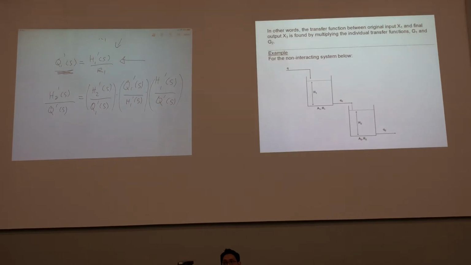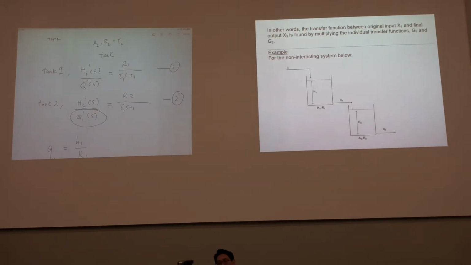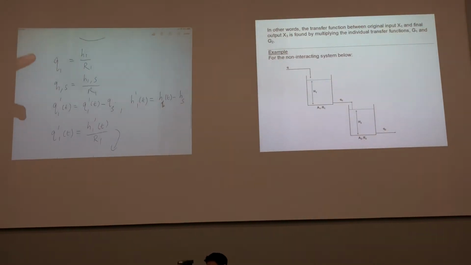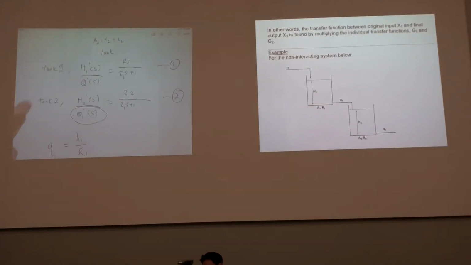Whatever we have here is to link all the three items here. If I have tank 1, H1 is my output to my Q. Tank 1, the output is H1, Q is my input, and this is my function. I leave the function as it is.